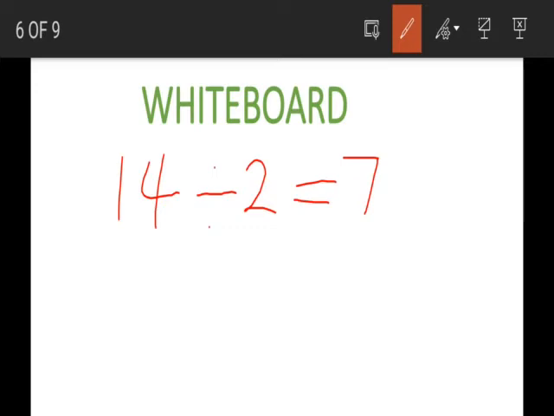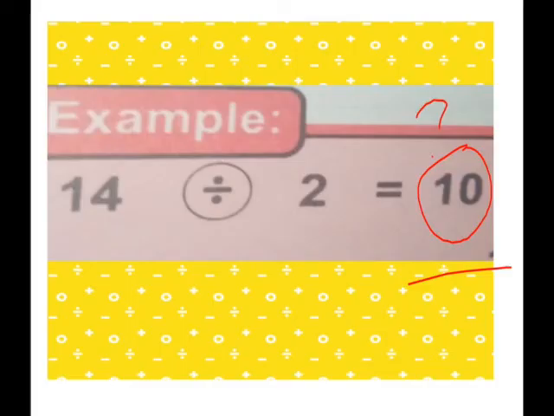So this 7 plus that imaginary number, which is 3, will give us 10. So in this very example, we are working with an imaginary number, and that number is 3. So that is how the 10 was gotten. So it's 14 divided by 2 is 7, plus that imaginary number, which is 3, makes it 10.